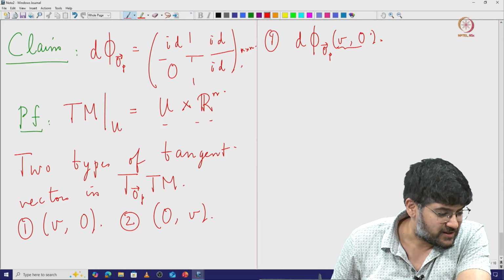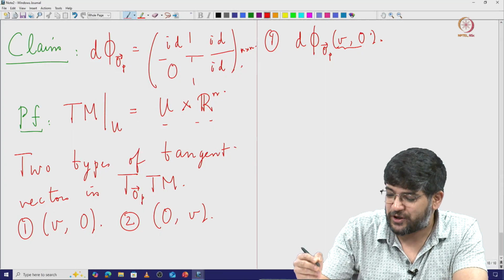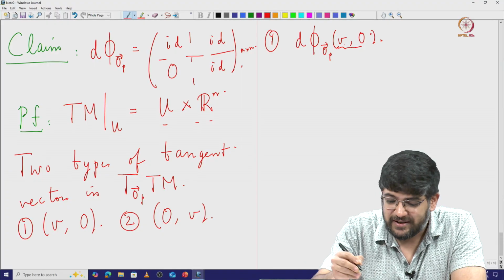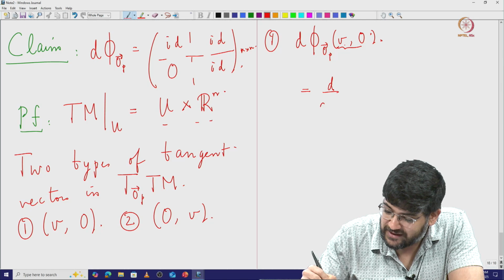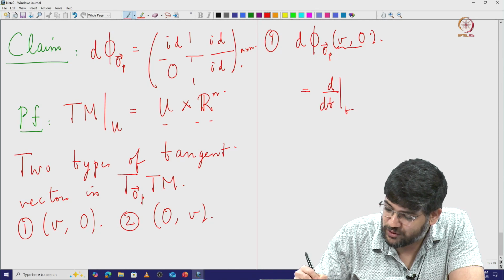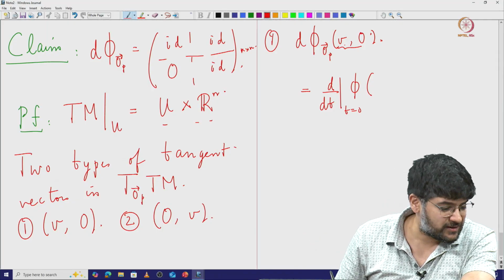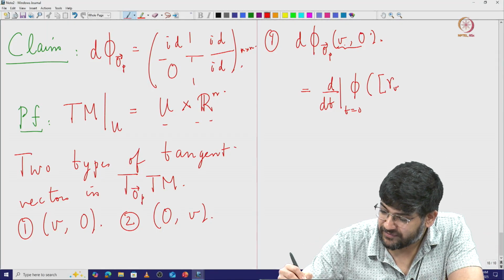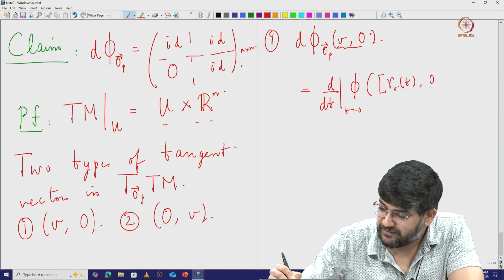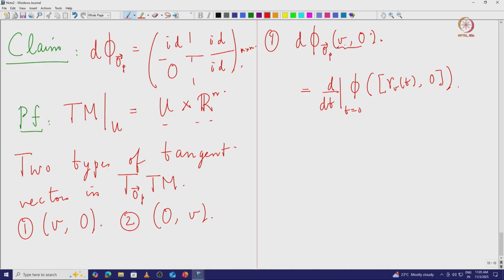Okay. So what is the best possible choice of a curve? We just take the geodesic in the direction of v. So this is going to be the derivative at t equals 0 of the image under phi of the following curve. We just take this curve in the tangent bundle.